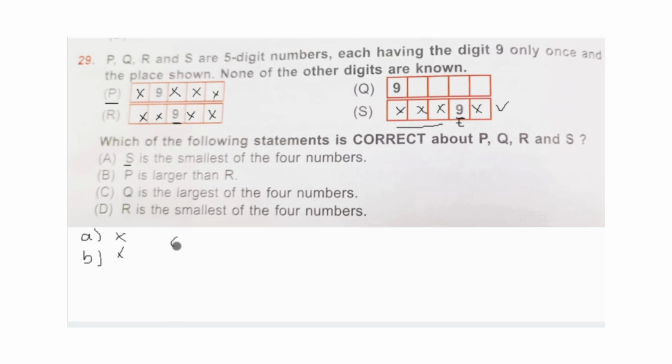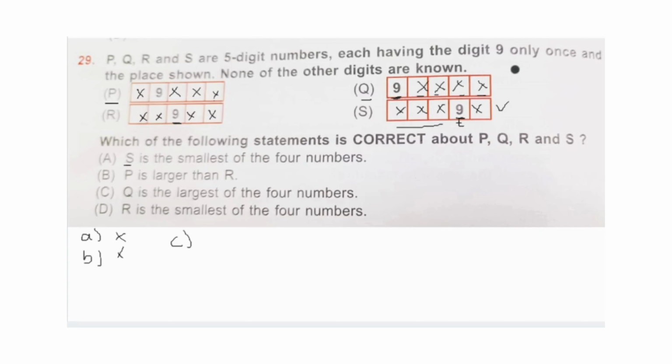Let's see option C. Option C says Q is the largest of the 4 numbers. Here Q is, let's write X, X, X and X. So Q, if you see in option Q, 9 is at ones, tens, hundred, thousand, 10,000s place, right?